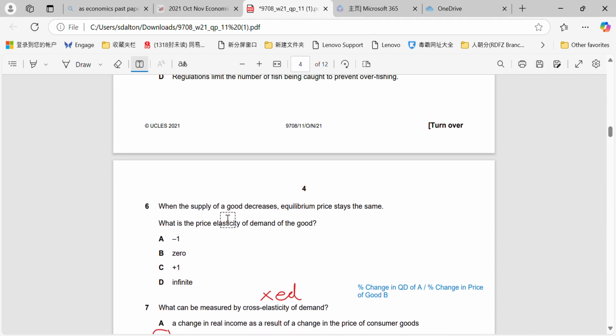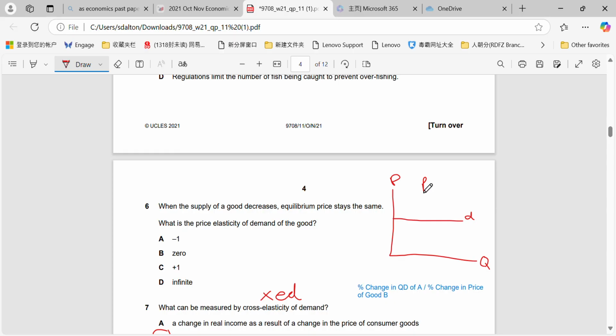Okay, when the supply of a good decreases, equilibrium price stays the same. What is the price elasticity of demand for the good? Okay, so if the equilibrium price never changes, that tells us that it has to look something like this, right? So it's going to be perfectly elastic, because here the price can't change, but the quantity can.